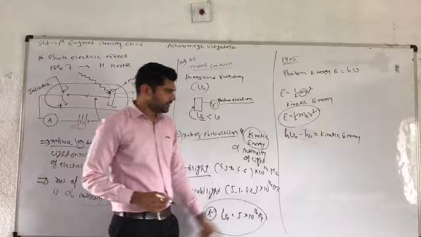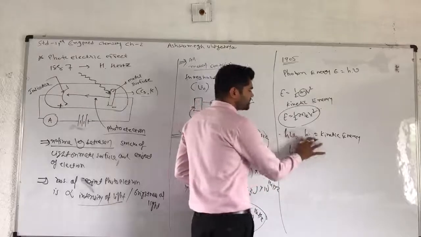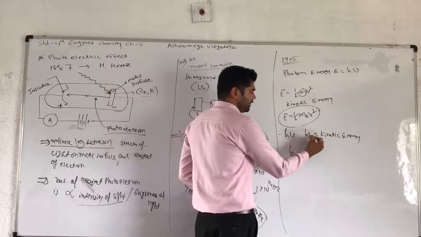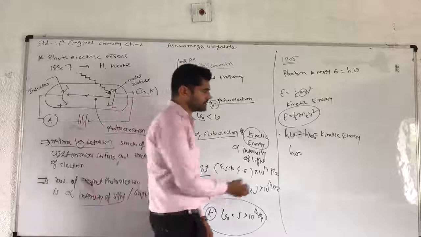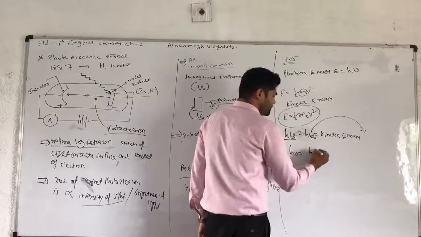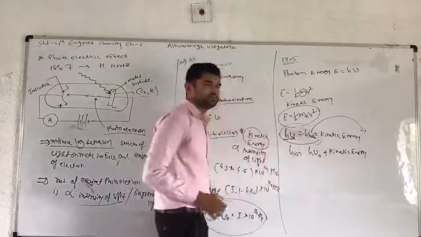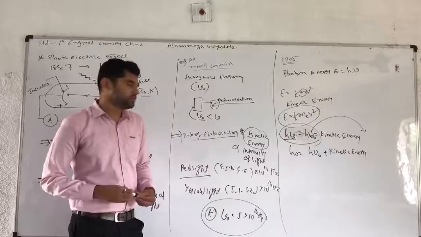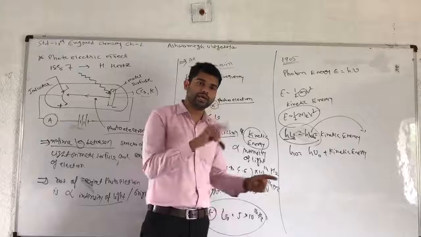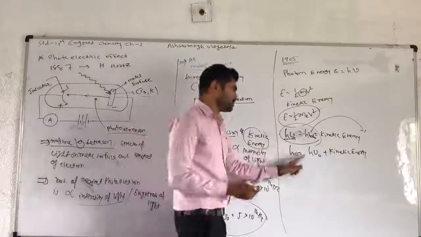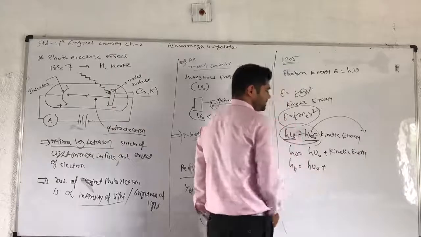Now make h nu the subject. Moving h nu 0 to the other side, the sign changes: h nu is equal to h nu 0 plus kinetic energy.